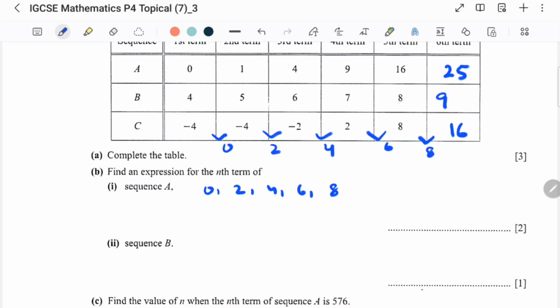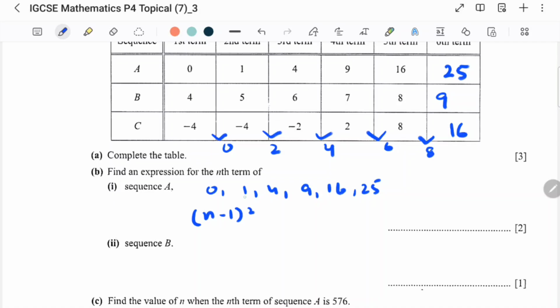They are asking you to find for A. It becomes n squared, but you are just subtracting 1. So that is n minus 1 squared.